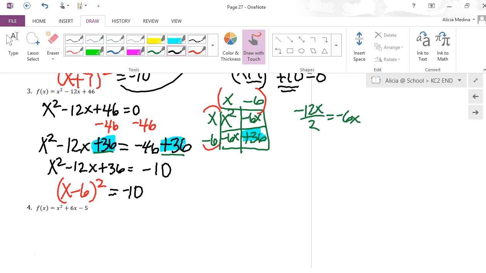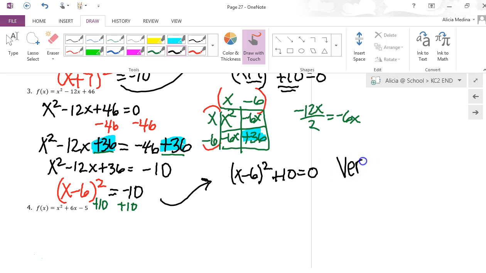I want this equal to 0, so I am going to move that 10 over by doing the opposite operation, right? I have to add 10. So my answer then is going to look like x minus 6 squared plus 10 equals 0. I'm going to state my vertex. Take the opposite of that x value. So if it is a negative, you take the opposite, which is a positive. And that y value is going to stay the same.